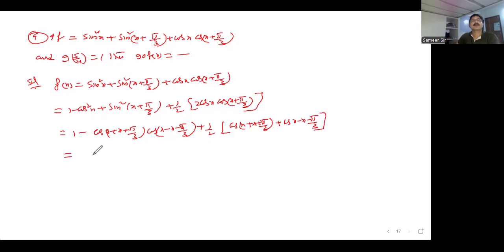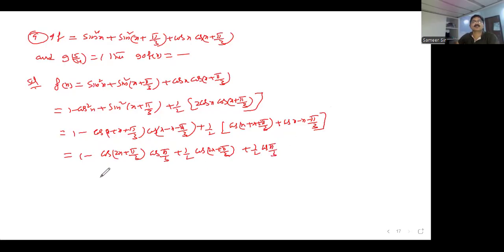Right? So what I'm getting here is 1 minus cos of 2x plus pi by 3, cos pi by 3. So 1 by 2 cos of 2x plus pi by 3, 1 by 2 cos pi by 3.